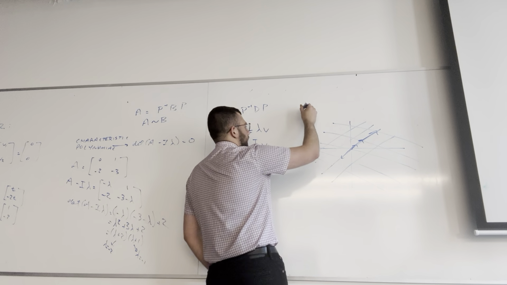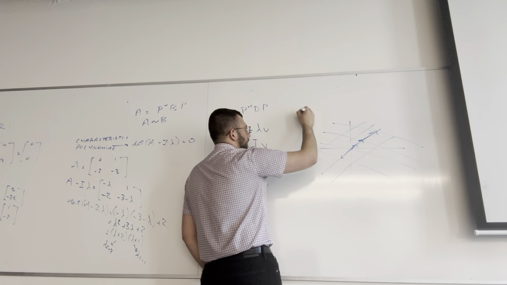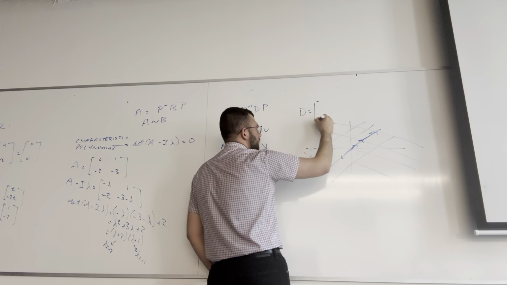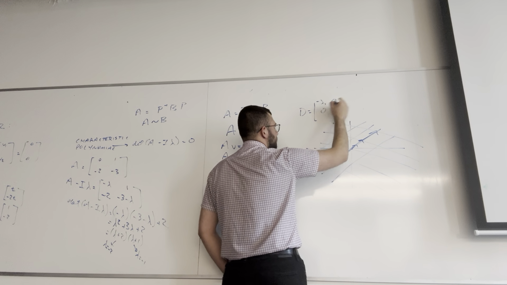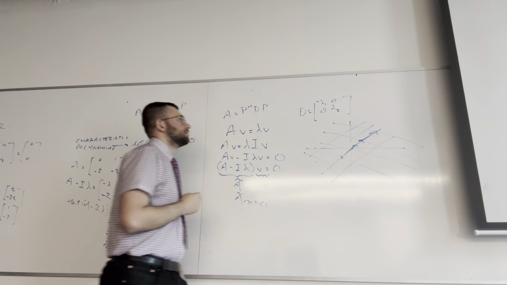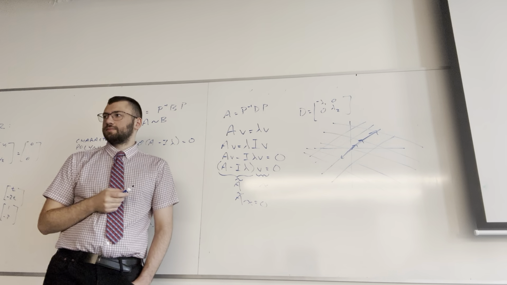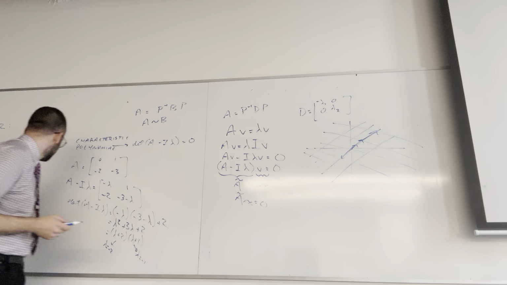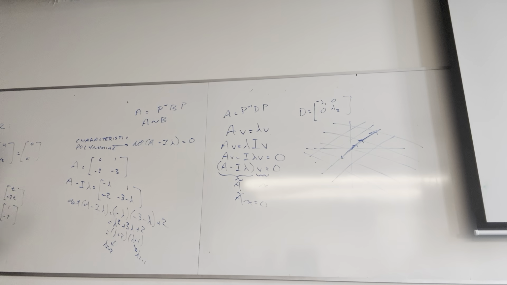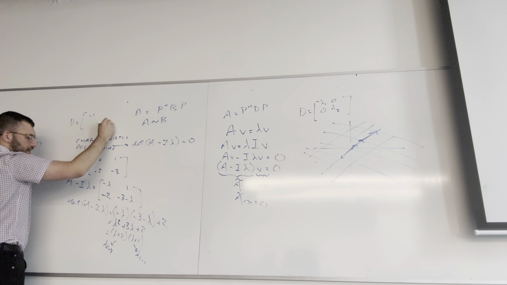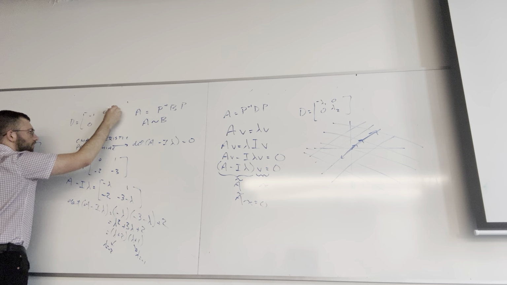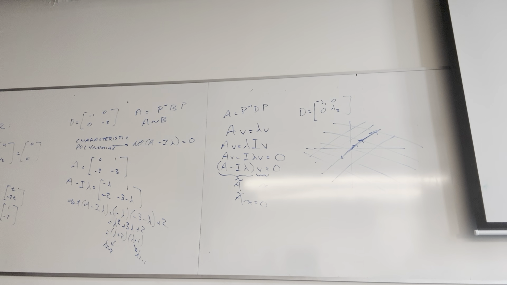Then, to write out your diagonal matrix, all you do is put your eigenvalues along the diagonal and put zeros everywhere else. That's it. So in this case that we did over here, the diagonal matrix would be -1, -2, 0, 0. Order doesn't really matter as long as you're consistent.